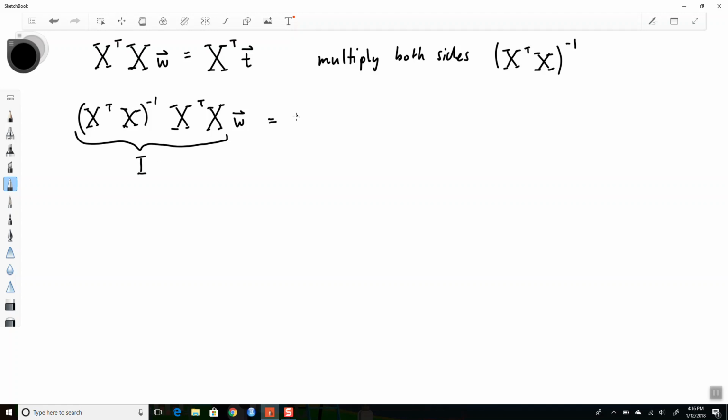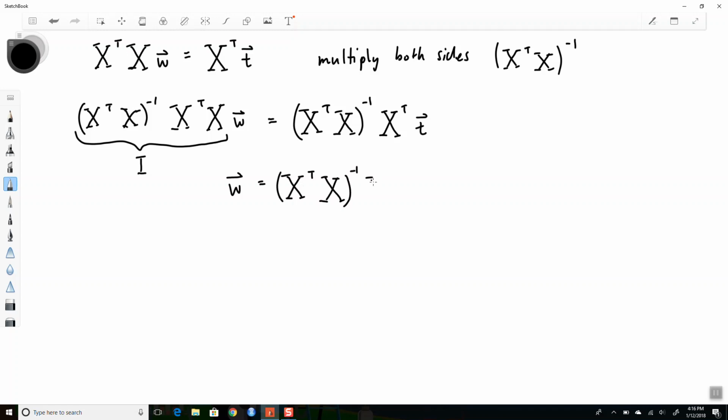And on the right, I will have X transpose X inverse X transpose t. And that's what we get. We get w hat, our best estimate of w, is going to be exactly this, X transpose X inverse X transpose t. I don't know if this looks familiar.